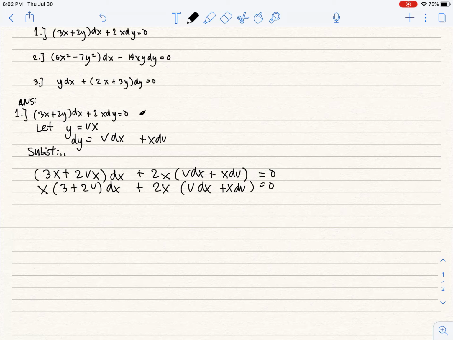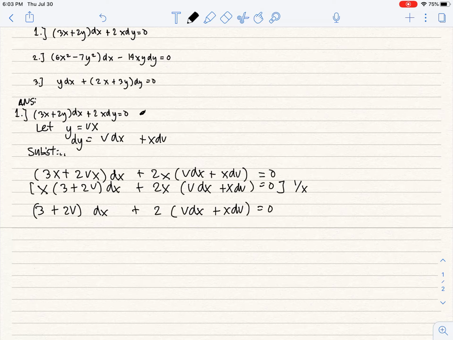So we can cancel x by multiplying the whole equation into the reciprocal of x. So this is multiplied by 1 over x. So cancel na lang x, mabilin na lang ani kay 3 plus 2v dx plus 2 na lang na 2 multiplied by v dx plus x dv is equal to 0.